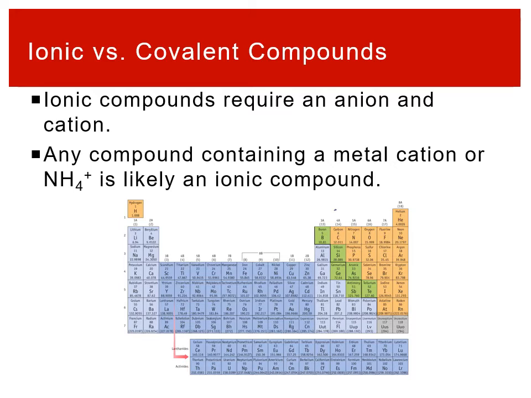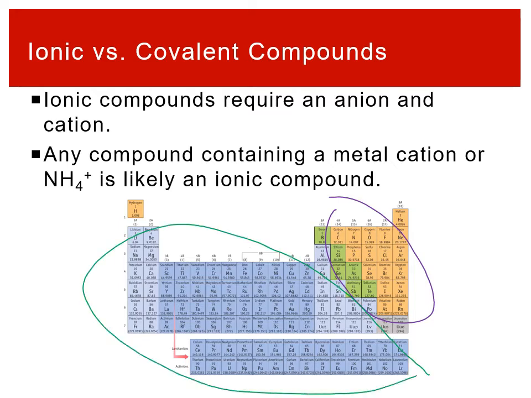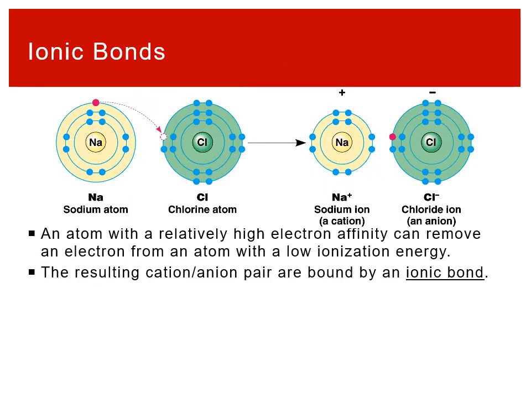And we've said anions were our nonmetals, and cations were our metals. So we use that to characterize: if something is a metal or has a metal in it, that means there's an anion and a cation, which means we have an ionic compound, right? We use that to characterize what type of bonding was going on in a given compound.